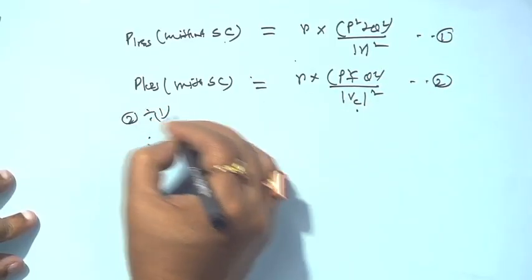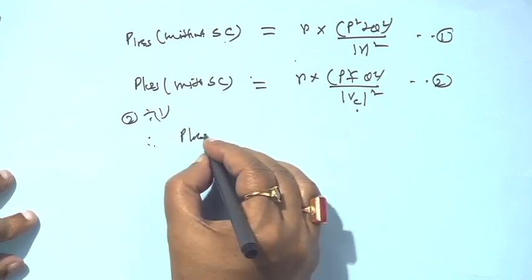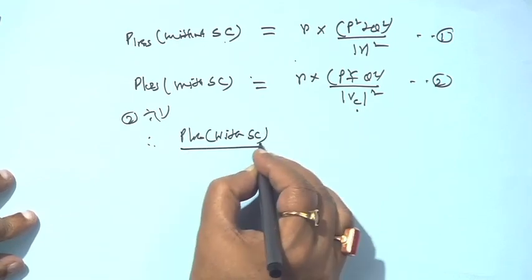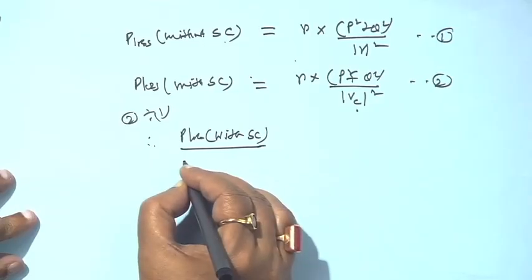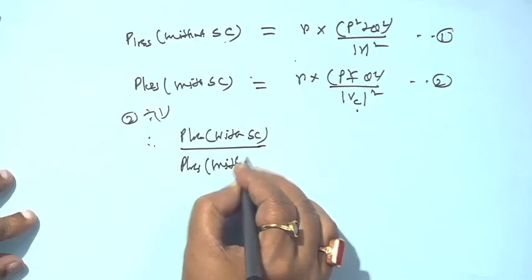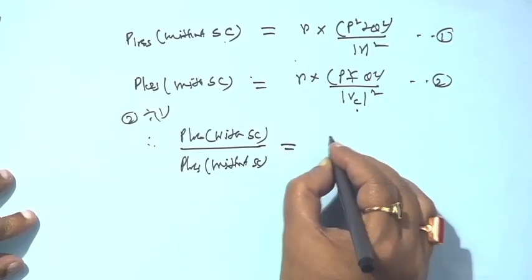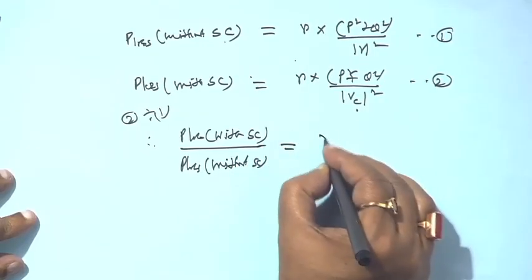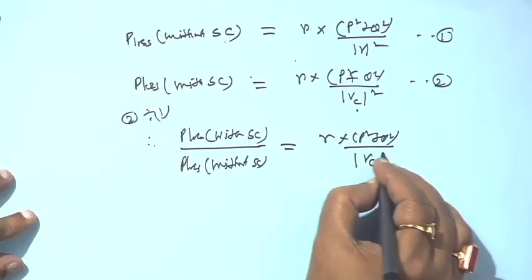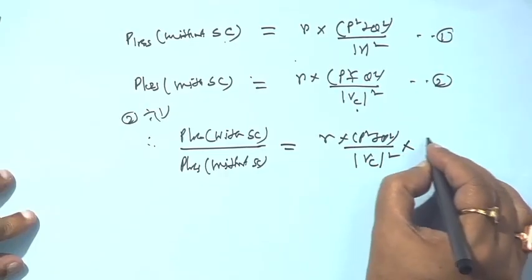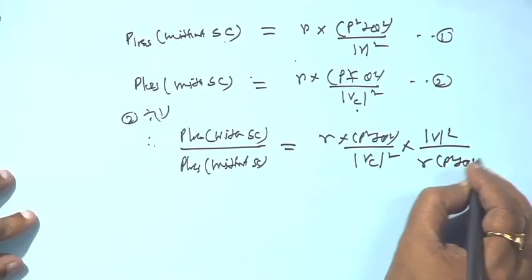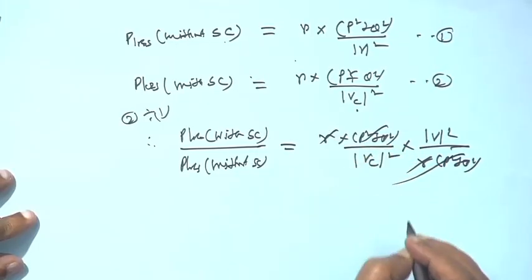Dividing equation 2 by equation 1, we get P loss with series capacitor, not shunt capacitor, it is series capacitor, divided by P loss without series capacitor. So, R into P square plus Q square upon Vc square, into V square divided by R into P square plus Q square. So, this will be cancelled, right.